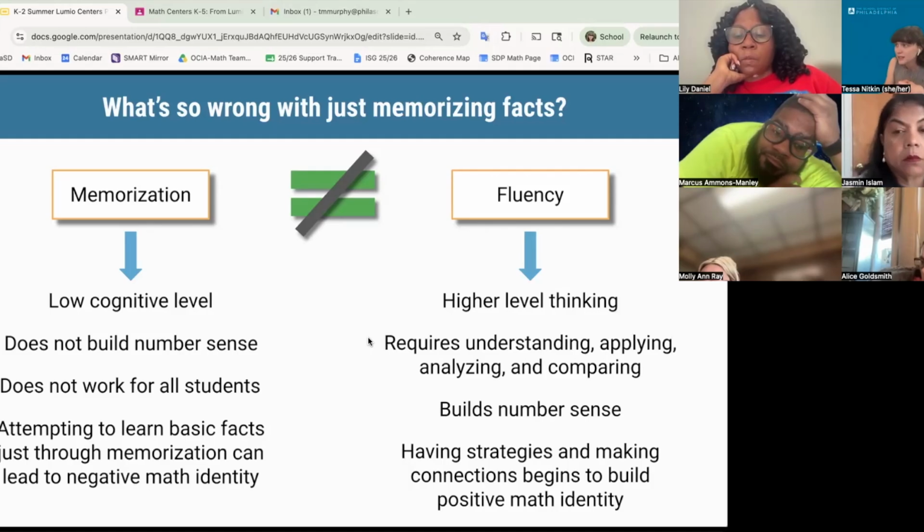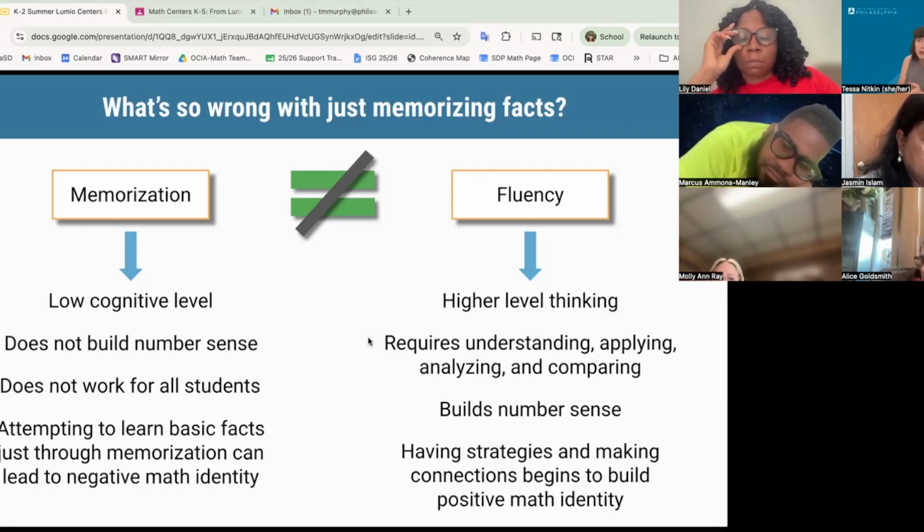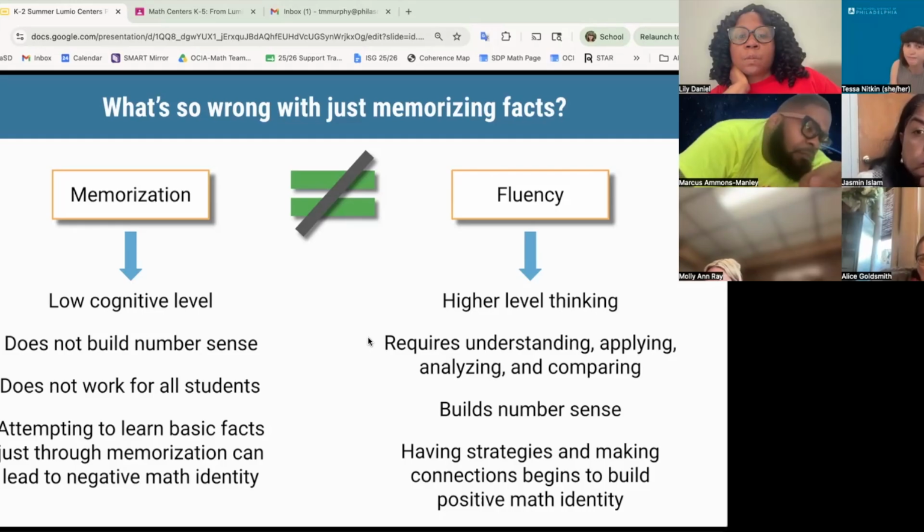They're building number sense because of all the things I just mentioned, the relative size of numbers and how numbers relate to each other. And these strategies and making connections between facts help build a positive math identity. We'll see in a moment, in teaching fluency strategies, there are a lot of divergent ways students can think, a lot of creativity that can come up. So you don't need to fit a narrow mold of being good at math to have that positive math identity built when we think about fluency in this way.